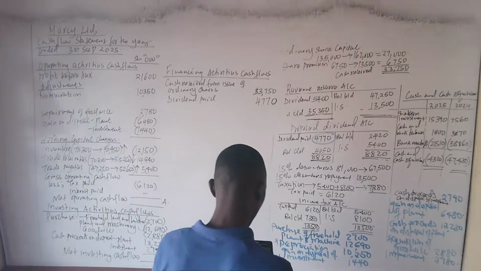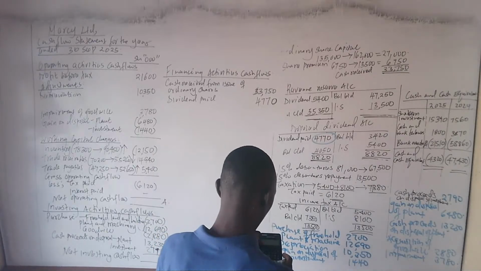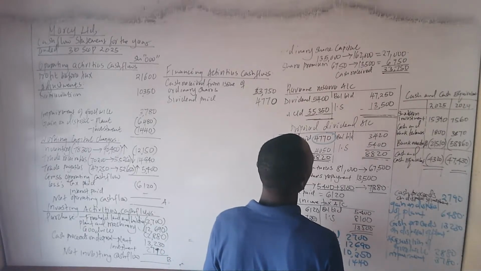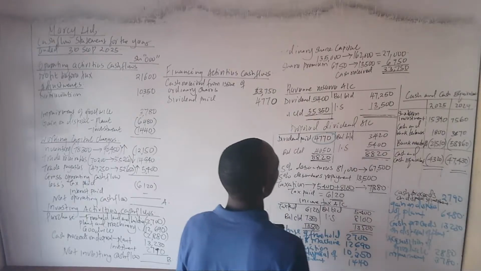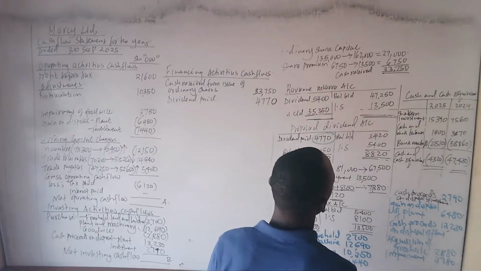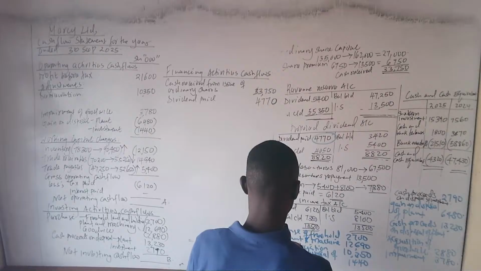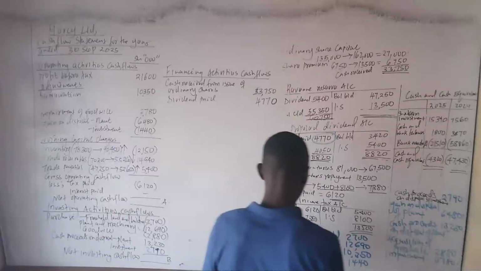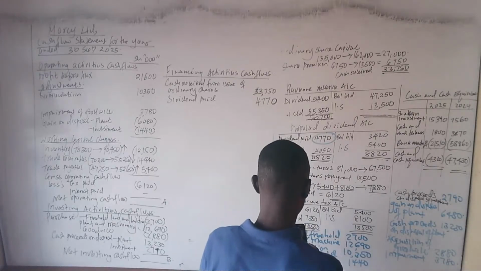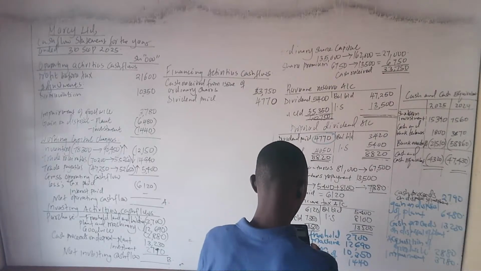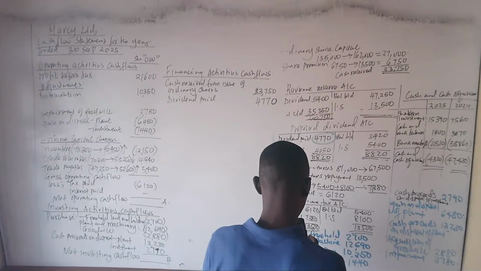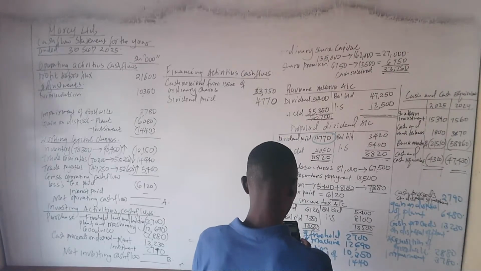Let us try 5,400 plus 55,350. Then we are going to get an amount of how much? We are getting an amount of 6750, and this one, let us see, 47,250.